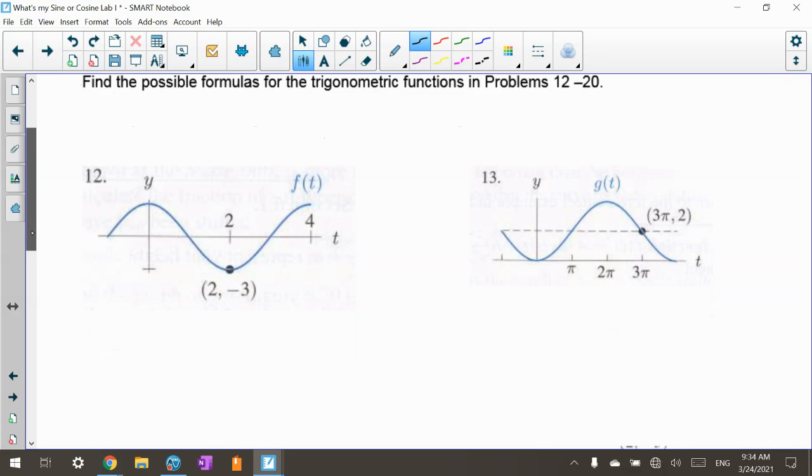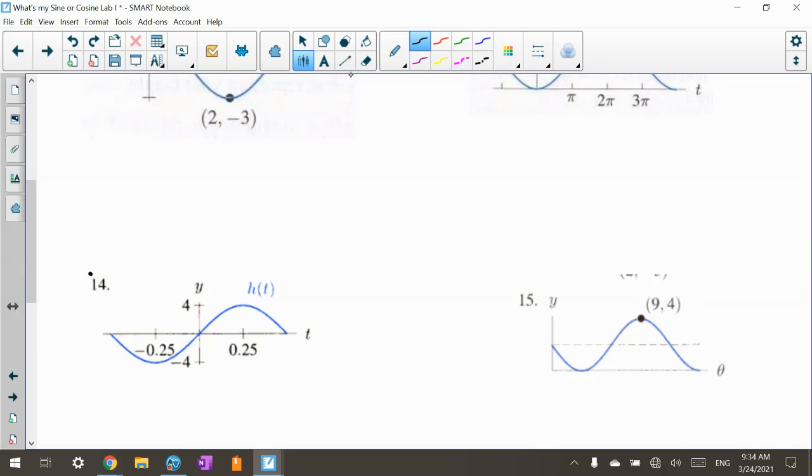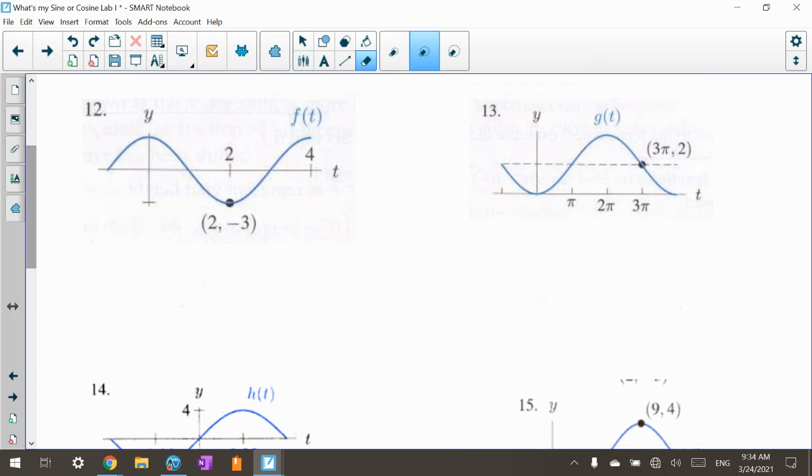So when we go to do these, before you even start, I want you to write: looks like, amplitude, frequency, period, midline. I'm going to stack and rack these two because they're both in the screen.